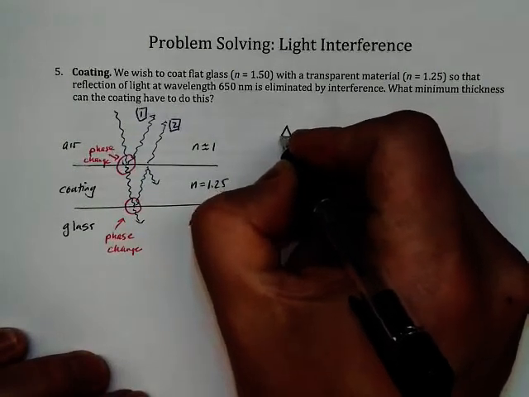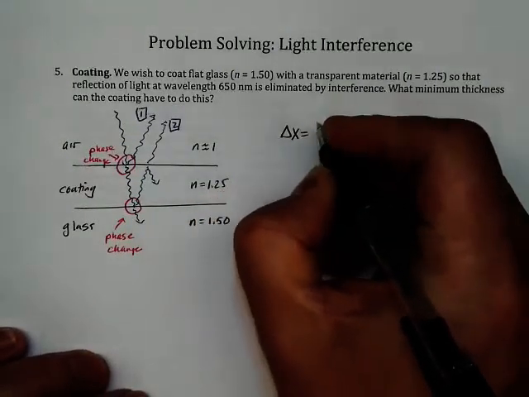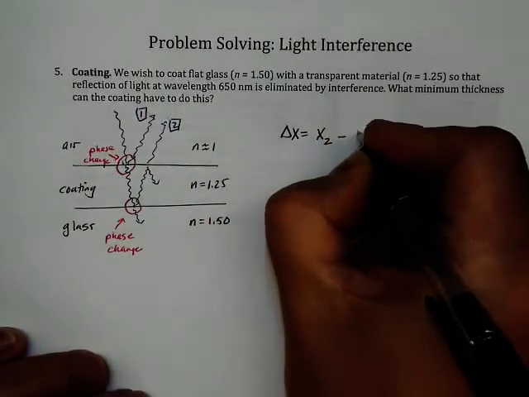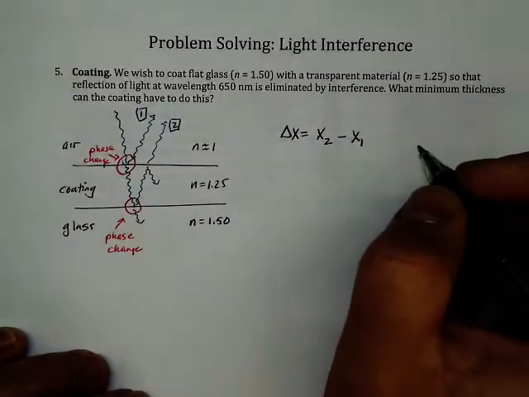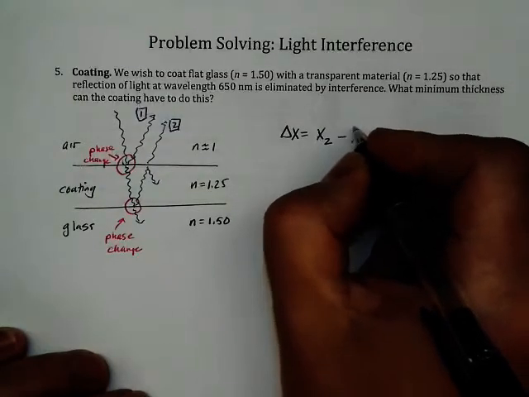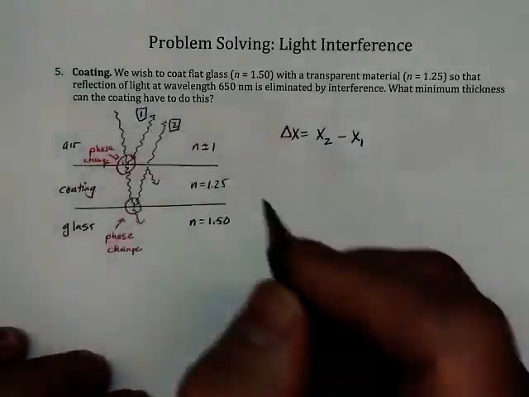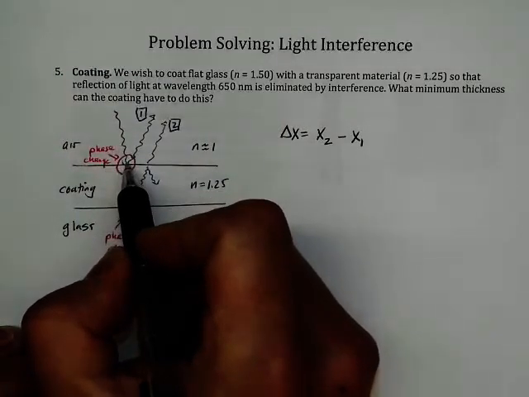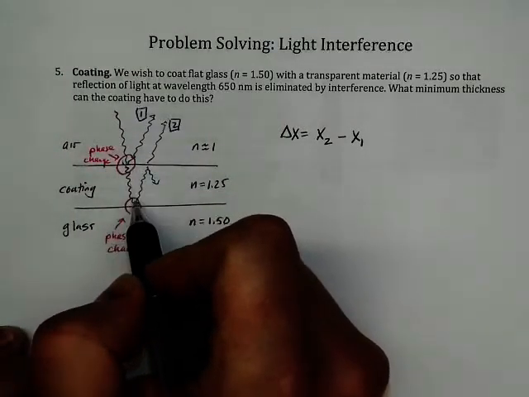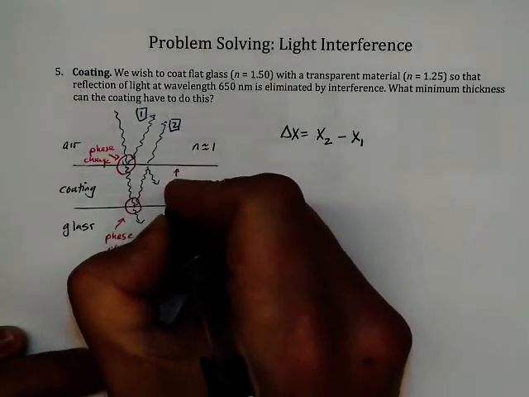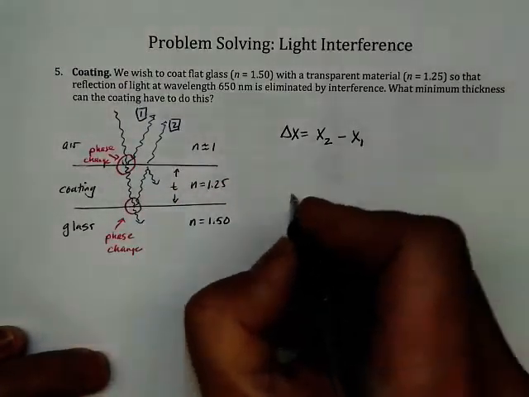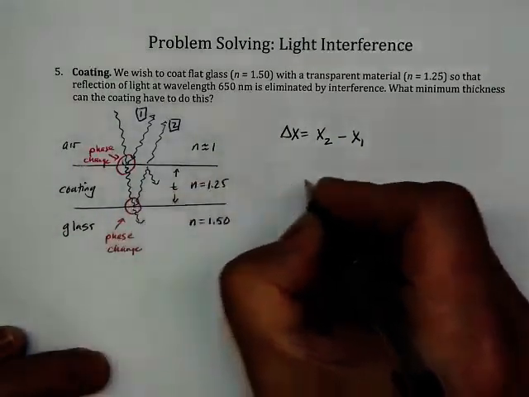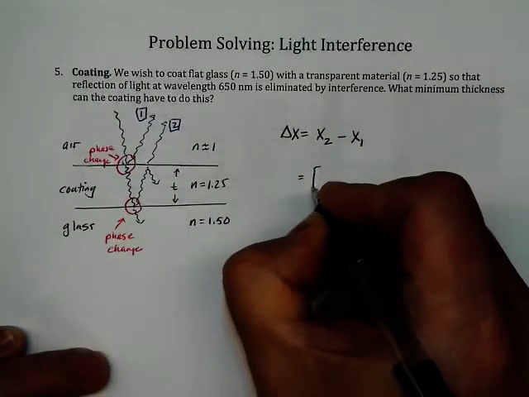difference is. So the path length difference is just the path of wave 2 minus the path of wave 1, and we're looking for the relative distances, so we don't care about the total distance, just the extra distance in effect that 2 travels. So 2 travels in here, travels 1 thickness of the layer through the layer, has a phase change, which is like a half wavelength of travel.